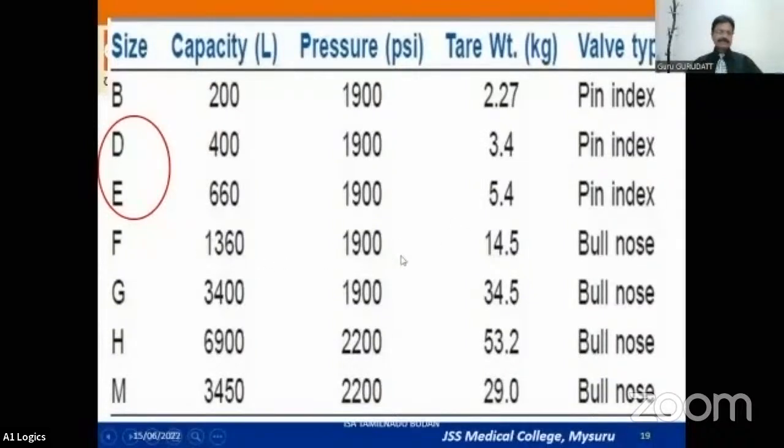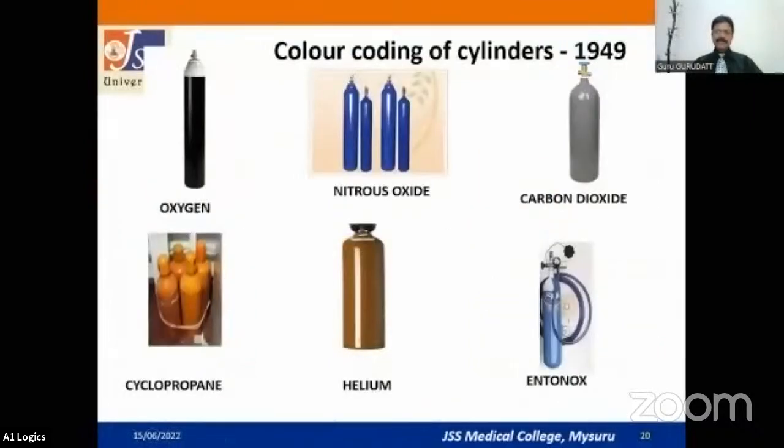The F cylinders are the ones usually used for transportation. Here the tare weight I was talking to you about, the tare weight of an E-type cylinder, is roughly about 5 kgs. I'll be discussing this later. When you want to calculate the amount of nitrous oxide that is available for us to use, tare weight is very important.